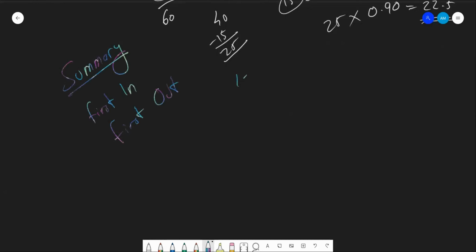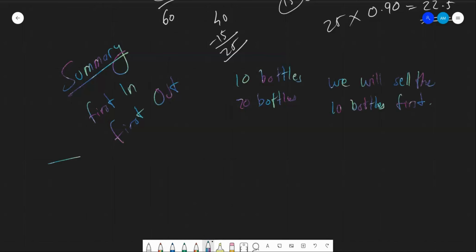So if we have 10 bottles and then we have 20 bottles, we will sell the 10 bottles first. Okay, I hope that makes it clear.